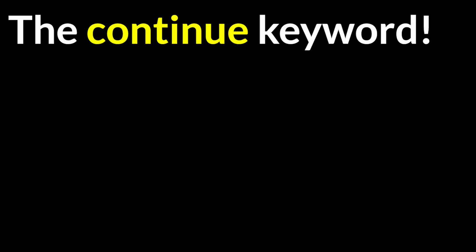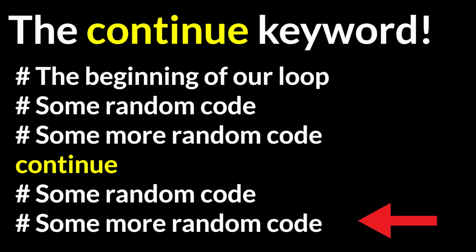Now we have our break keyword, but we also have another keyword that we can use, and it is the continue keyword. The continue keyword will not exit out of the loop, but it will just go back to the beginning of the loop. If we use the continue keyword, then all of the code after the continue keyword will be completely ignored and we'll just shoot back to the beginning of the loop.